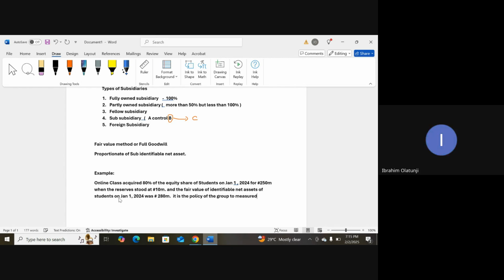Okay. It is the policy of the group to measure non-controlling interest on acquisition based on the proportionate share of identifiable net assets.